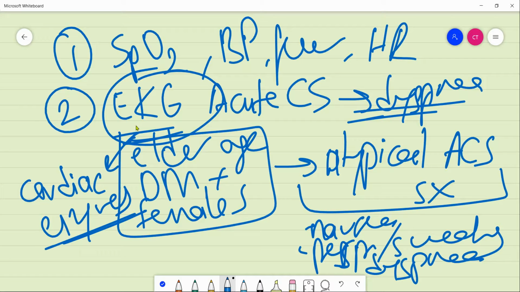So cardiac arrhythmia is also a really important differential diagnosis in a COPD patient who presents with dyspnea. So look out for that too. So EKG is really important.